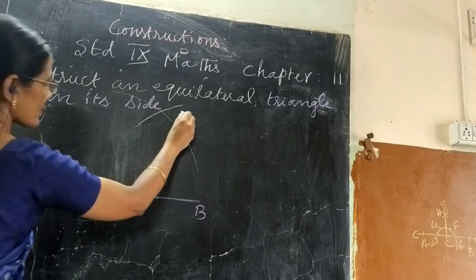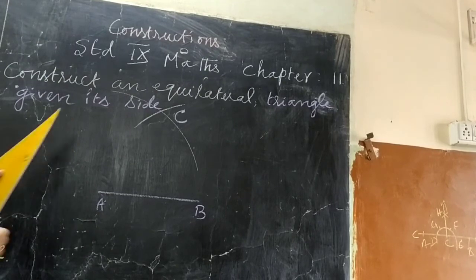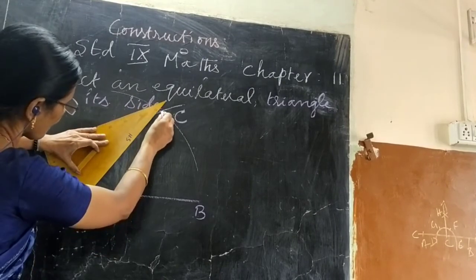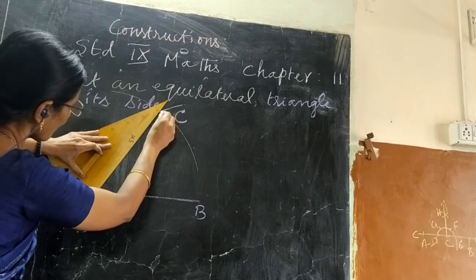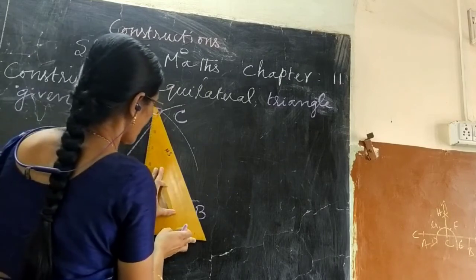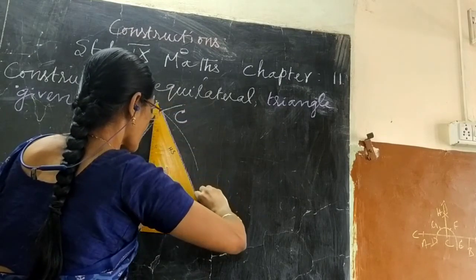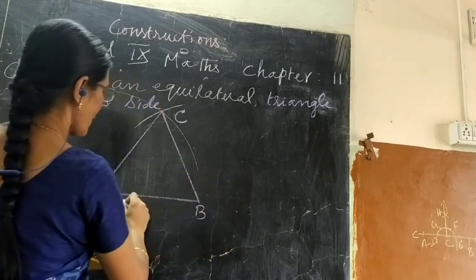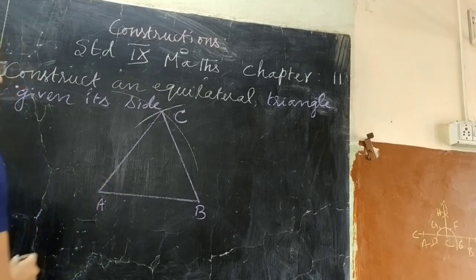Let them intersect at the point C. Join AC. And BC. We got the required equilateral triangle ABC whose length AB is given. Very simple construction.